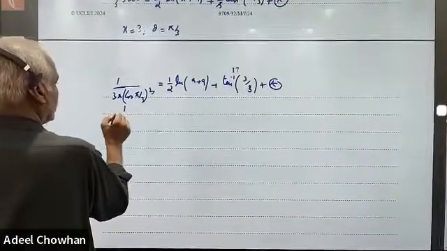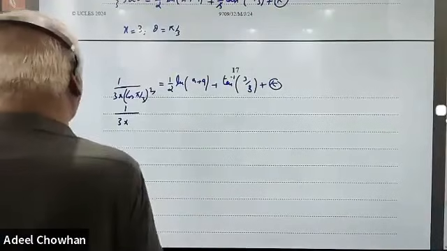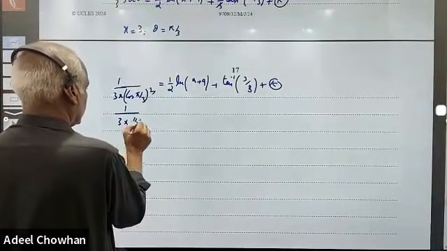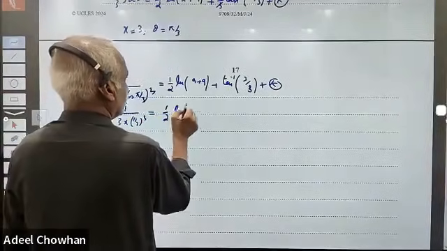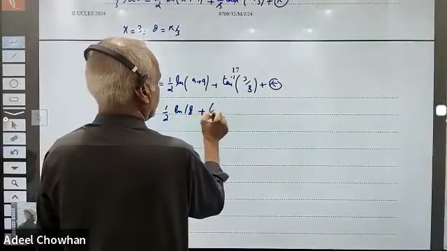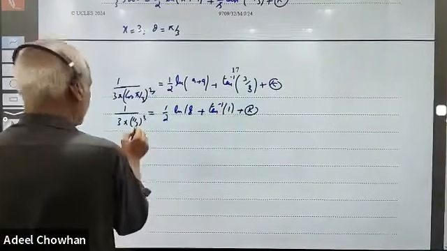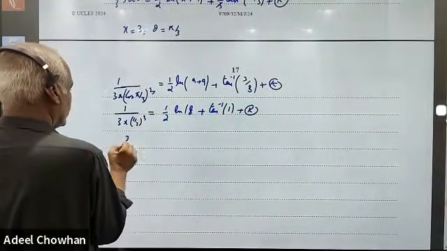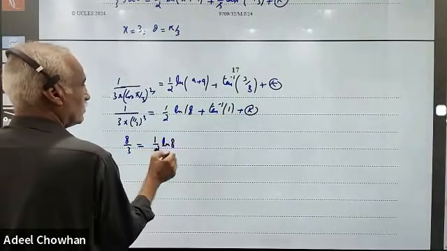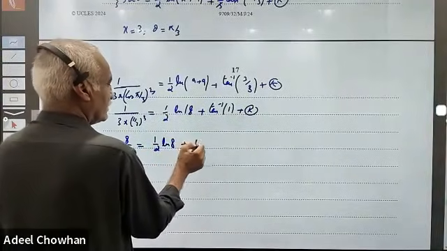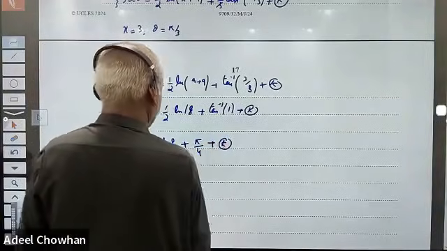So it should be equal to 1 over 3 into cos of pi by 3, which is 1 by 2, cubed, equal to 1 over 2 log of 18 plus tangent inverse of 1 plus k. So 2 cube is 8, so 8 over 3 is equal to 1 over 2 log of 18 plus tangent inverse of 1, which is pi by 4, plus k.